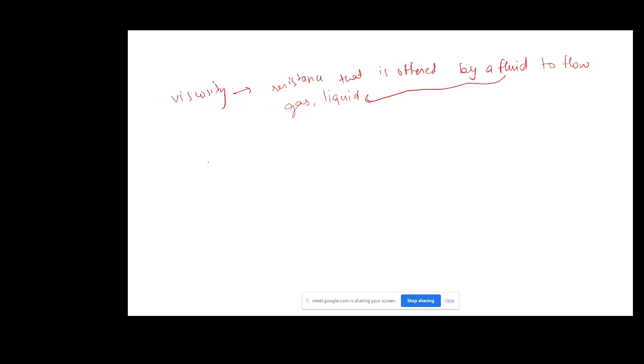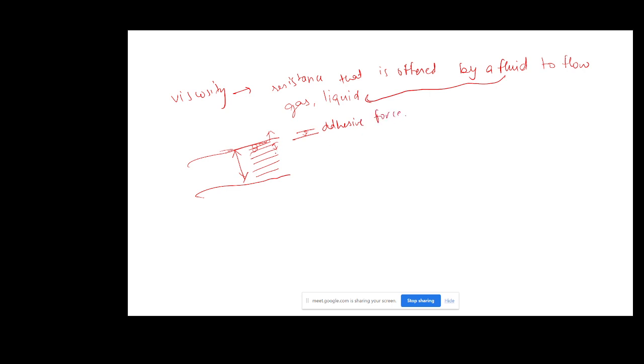Now how does it offer the resistance? Suppose you have a liquid flowing inside a pipe. There will be layers of molecules passing through it, and they will try to stick onto the surface, so there will be some force of adhesion with the walls and also in between the layers of the liquid that are flowing.